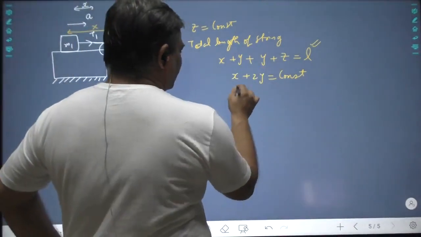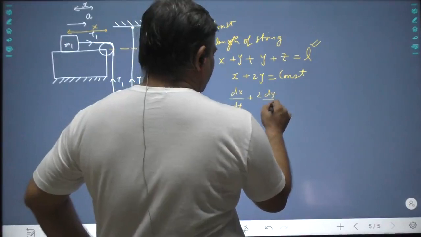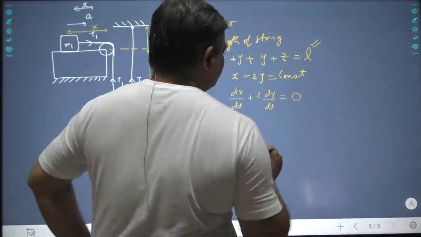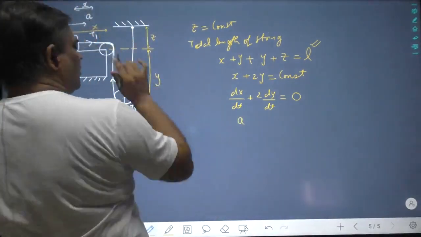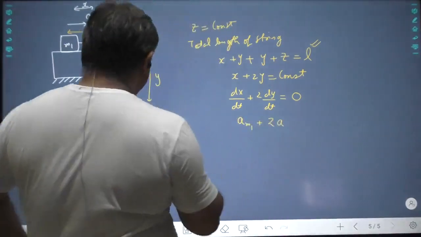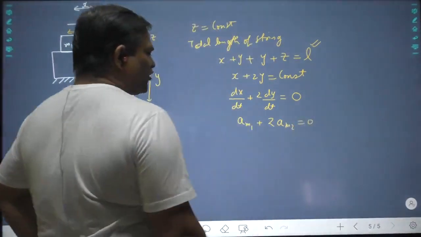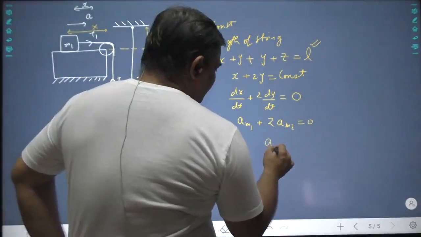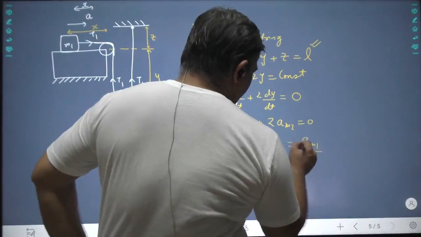If you differentiate it, dx by dt plus 2 dy by dt is 0. If you differentiate it again, the acceleration of block m1 plus 2 times the acceleration of block m2 is 0. So in magnitude, the acceleration of m2 is the acceleration of m1 divided by 2.